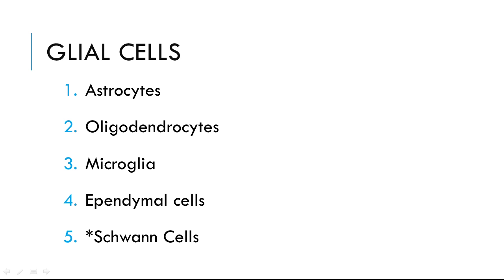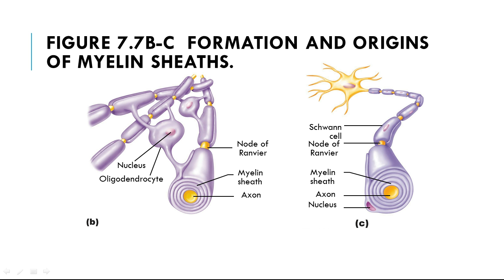We've used the word a bit in the last week or so, and visually, you can turn to 7.7b and c in your textbook to compare and contrast the myelin of the central versus the peripheral nervous system.